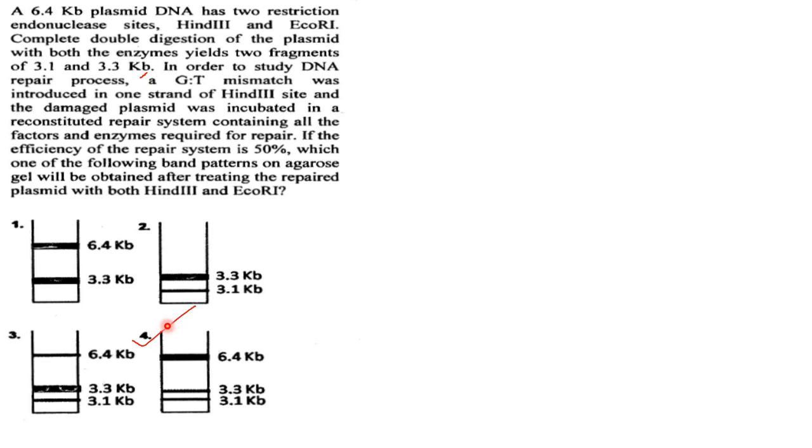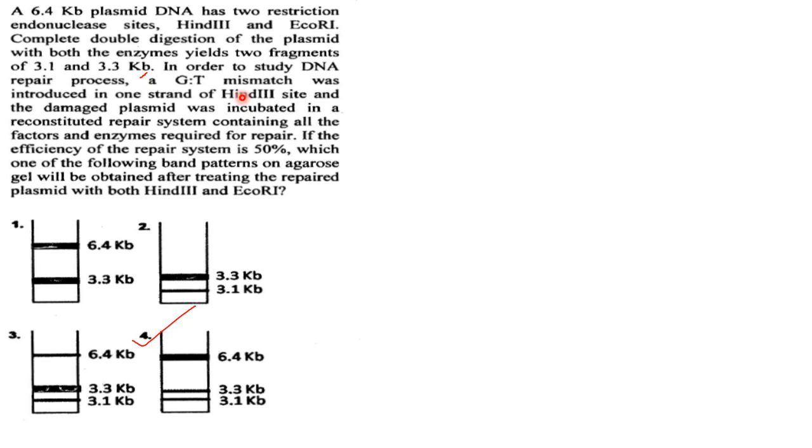So first we will see what will be obtained upon complete digestion with HIN3 and EcoR1. You will get two bands, that is 3.1 and 3.3 kb. That is shown in option 2. But that is not the answer. So you can eliminate option 2. Now if you have introduced the mismatch into the HIN3 site, what bands will you get?